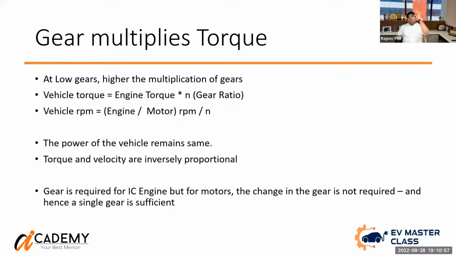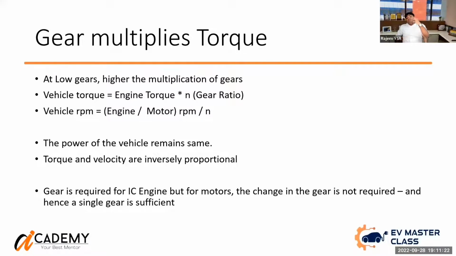Let us assume that your engine always runs at 2000 RPM. This is just for an assumption. So if the engine is continuously running at 2000 RPM, your vehicle demands are different. When you start your vehicle from velocity 0, you need more force. And when your vehicle already moves, you don't need so much force.